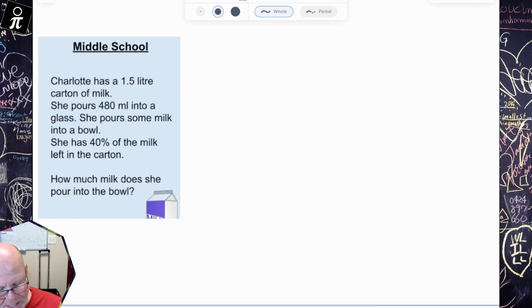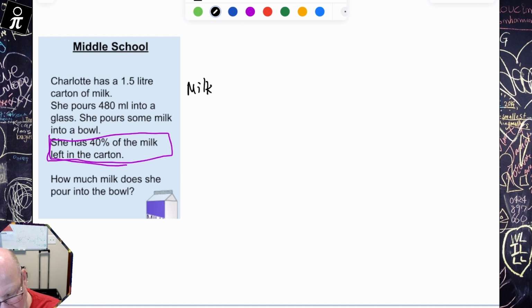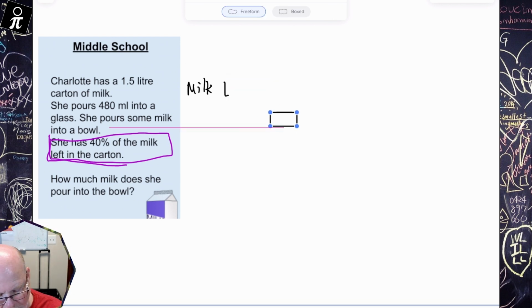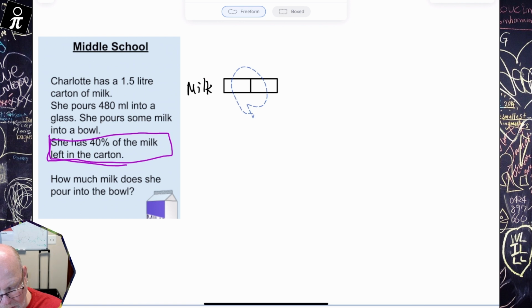Because I see that she has 40% of the milk left in the carton, I'm going to represent this. I'm going to say milk, and I'm going to represent this with 10 rectangles. Those 10 little units are going to represent my 100%, so each of these units is going to represent 10%.